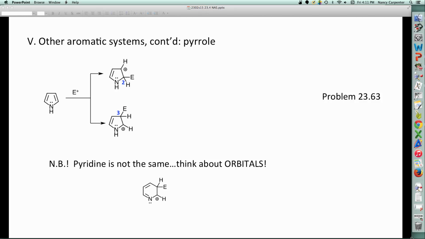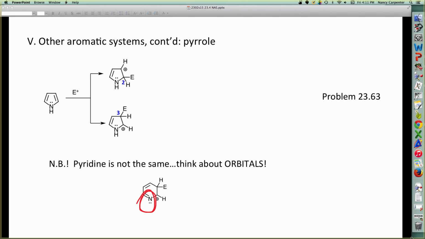There's also some problems in the back of the chapter about pyridine, and pyridine is not going to be addressed in the same manner. So when you look at the carbocation intermediate from substitution on pyridine, keep in mind, think about orbitals. What orbital is that lone pair on nitrogen contained in?